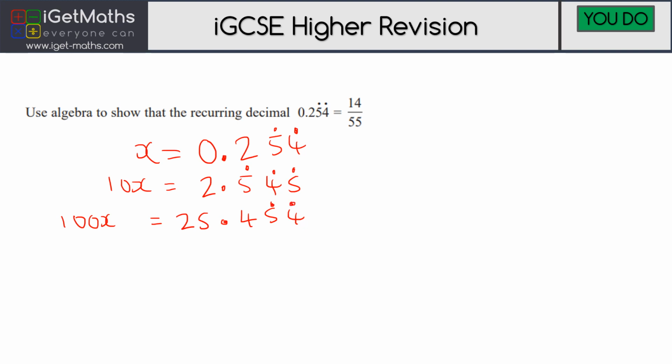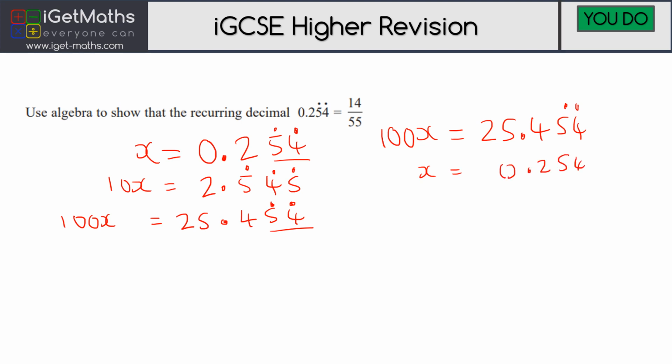and here we can see that the 5, 4 is going to cancel out, so we're going to end up having 100x minus x. So we'd end up with 25.454 recurring, subtracting the 0.254 recurring.